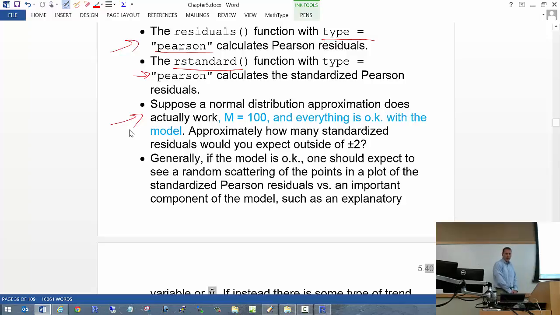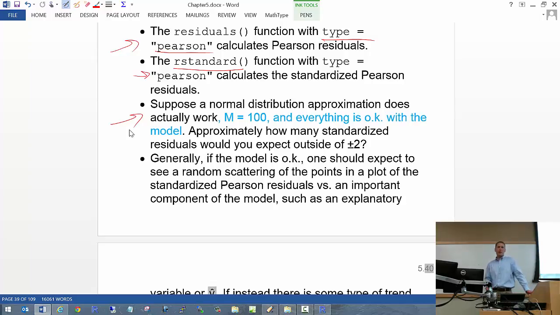Here's a question. Suppose a normal distribution approximation does actually work and you have 100 observations, and somehow you know that everything is okay with the model. Approximately how many standardized residuals would you expect to be outside of plus or minus 2? About 5, because of 5%.